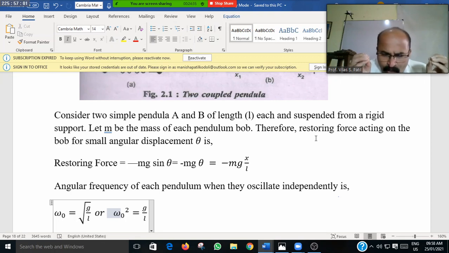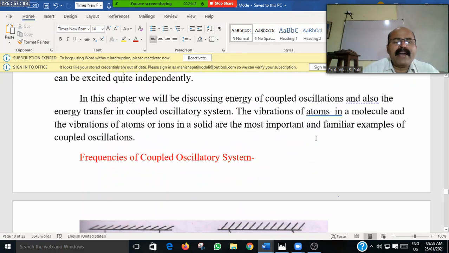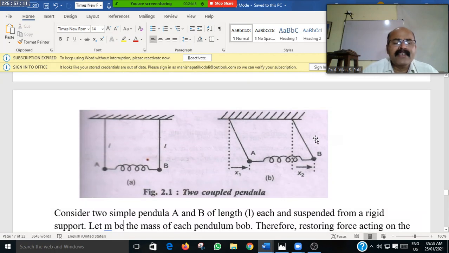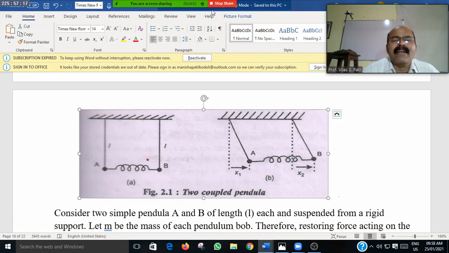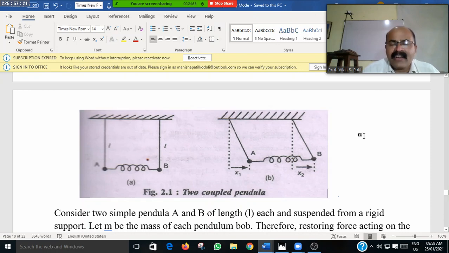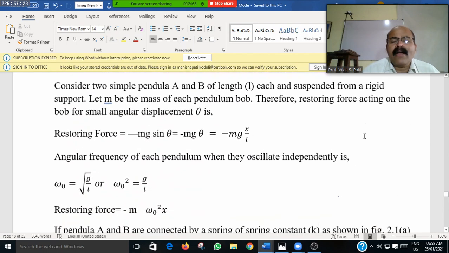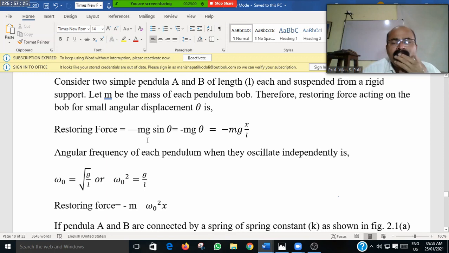Therefore, the restoring force acting on the bob for small angle theta, जर तो थोडासा आपण अँग्युलर डिस्प्लेसमेंट कन्सिडर केली इथं फ्रेंड्स, इथं अँग्युलर डिस्प्लेसमेंट आहे बघा. अगदी थोडंसं आपण त्याला थीटानं डिस्प्लेस केलं, तर काय होतंय बघा, that is the restoring force is equal to minus mg sin theta.